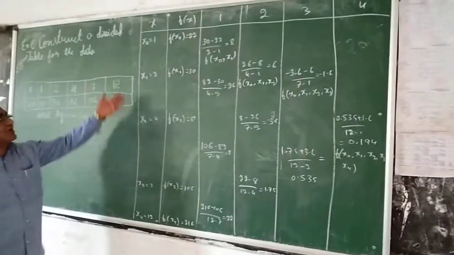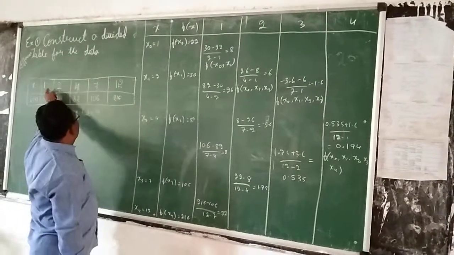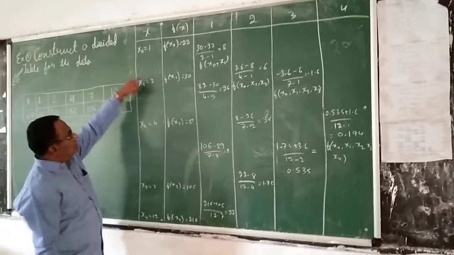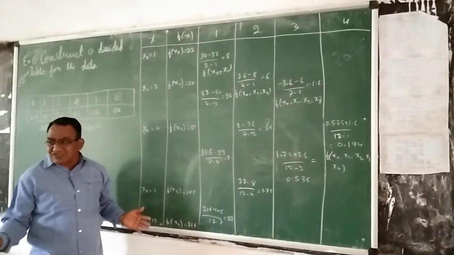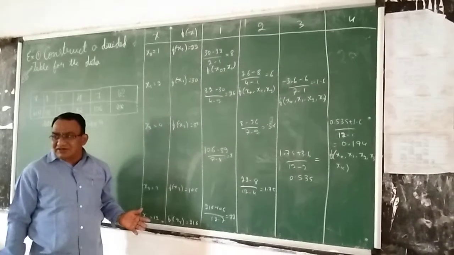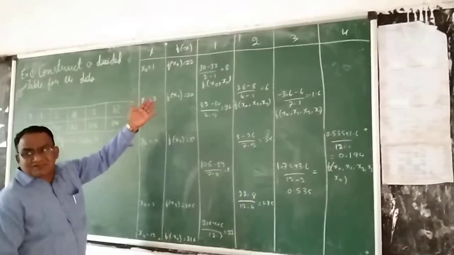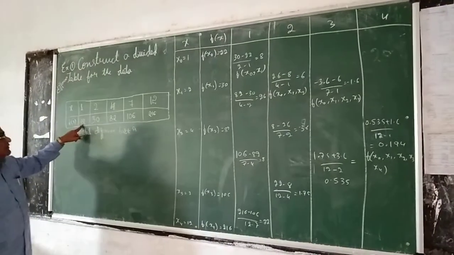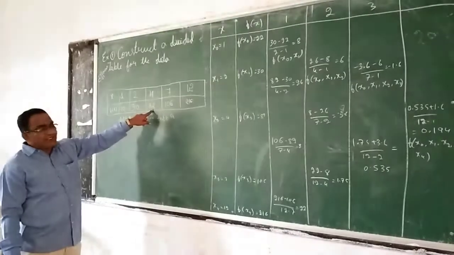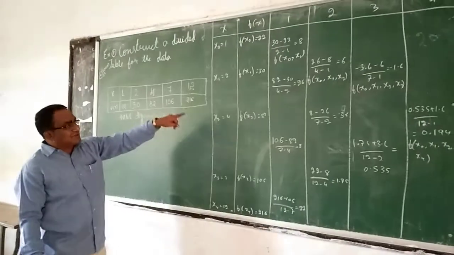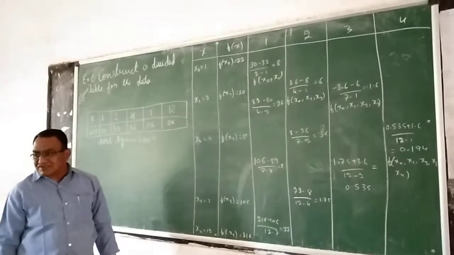Okay. So the values of x given in the table are 1, 2, 4, 7, 12, and you can observe these are not equally spaced. The corresponding values of f of x are f of x0 is 22, f of x1 is 30, f of x2 is 82, f of x3 is 106, and f of x4 is 216.